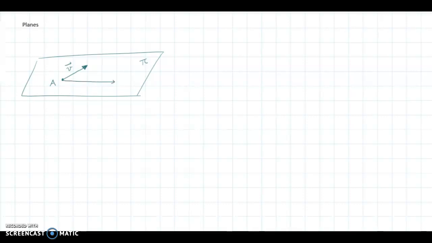So for instance, this one over here is W, so V is parallel to pi, W is parallel to pi as well, and V is not parallel to W.